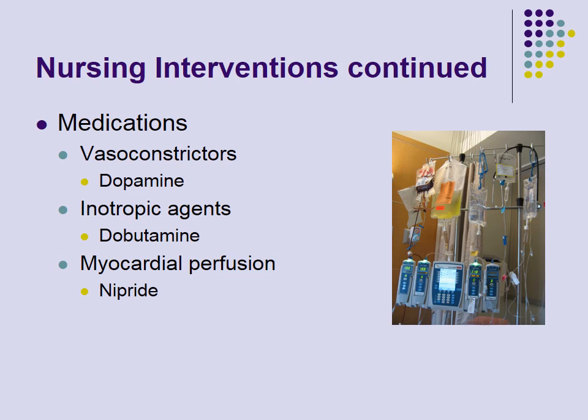And so we want to think about some of the drugs that might help perfusion, and nipride is one of those drugs. What it does is it dilates the coronary arteries, but not the systemic ones, although sometimes it does, but only when we get to really high doses. And so it'll help the heart function better, give it more perfusion. And so that might be a consideration, especially for our patients with MIs.